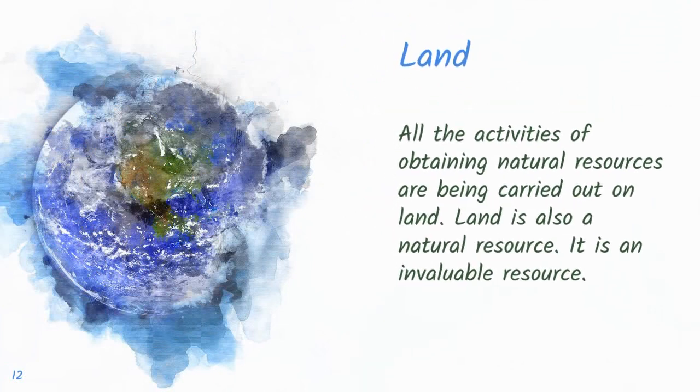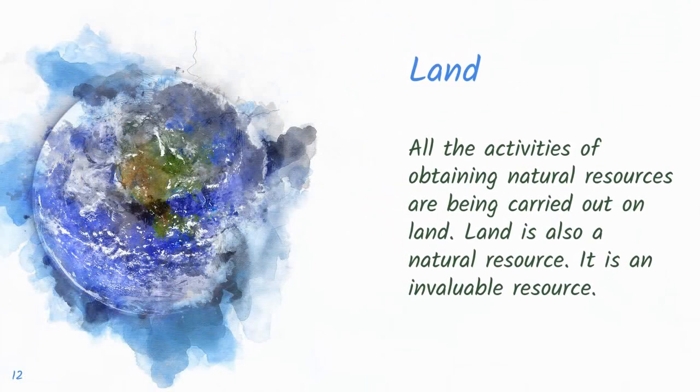All the activities of obtaining natural resources are being carried out on land. Look at all the natural resources we looked at in this video. For example, we looked at plants, animals, and minerals as well. These are all the natural resources that you find on land, except for obtaining fish, or the fishing activity.